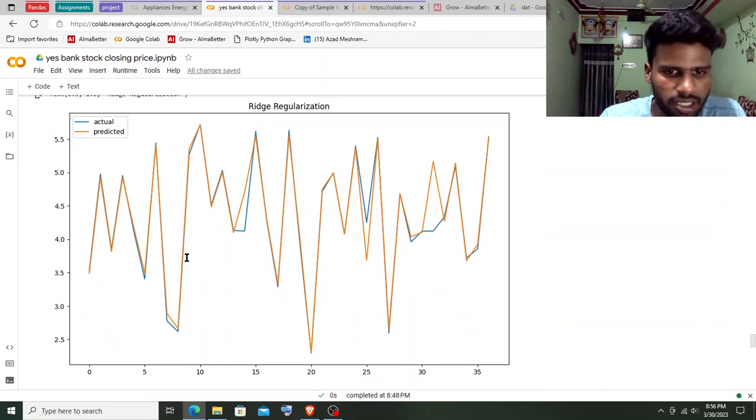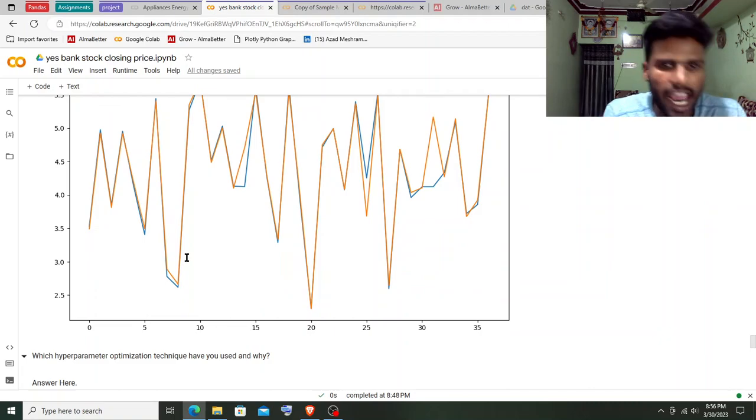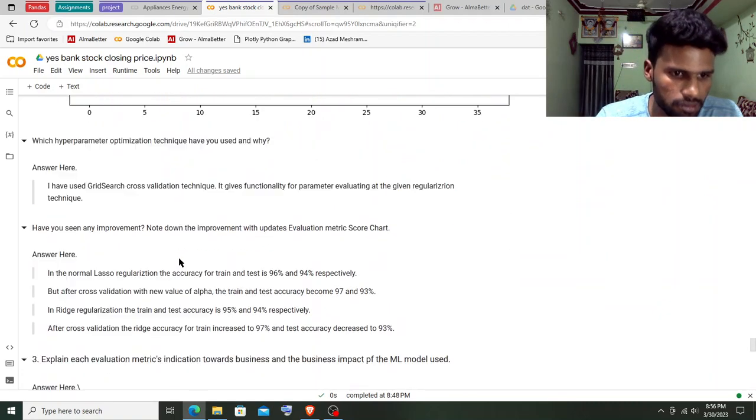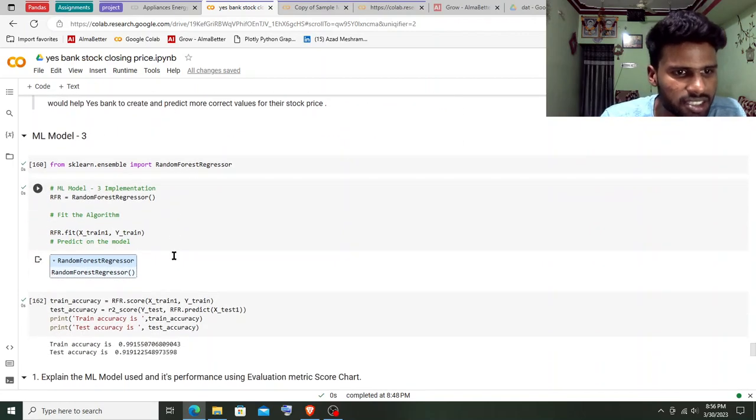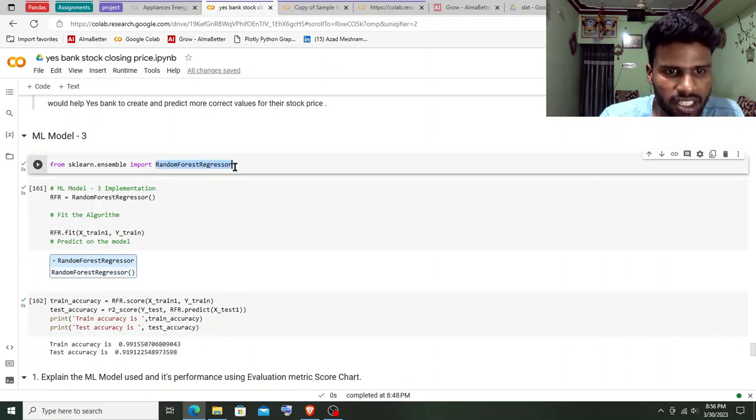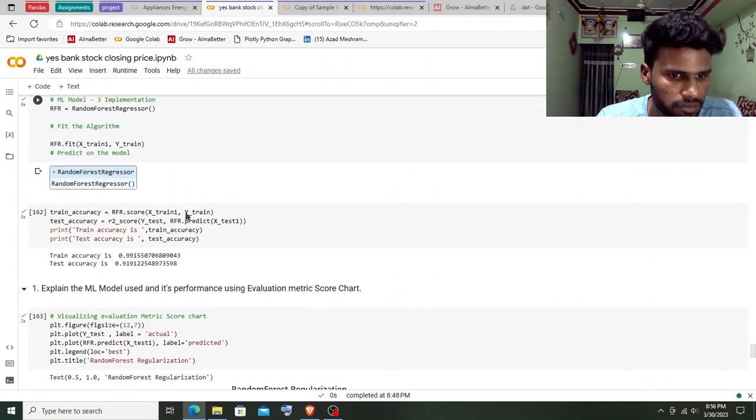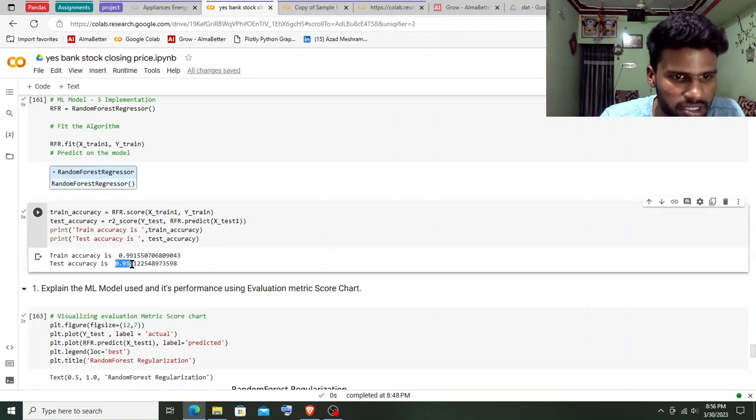And this is again for ridge regularization, the visualization of y-test and its predicted values. And the last, model 3, I have used a very advanced regressor technique, which is random forest. Random forest is an ensemble technique in bagging, which shows 91% accuracy.